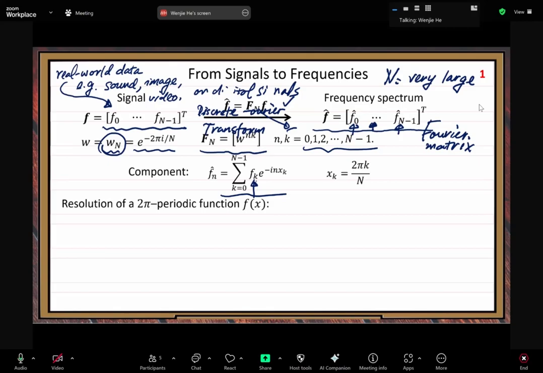All right. Before we move to the computation details, I need to give you some basic concepts. Resolution concept. Resolution of a 2 pi periodic function f, because for this function, we take sampling values, right?